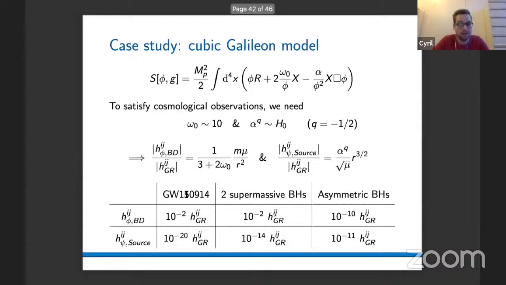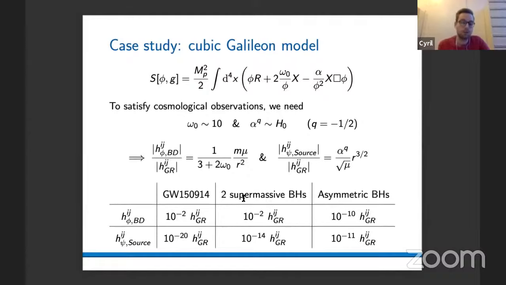In practice, if we take data, or predicted data, for the first gravitational wave that we ever observed in 2015, the term from the long range effect that appears at 1.5 post-Newtonian approximation would have an amplitude at the percent level compared to the term in general relativity. And the effect on the source, because this alpha to the power q is so small, would be completely unobservable compared to general relativity, at 10 to the -20.